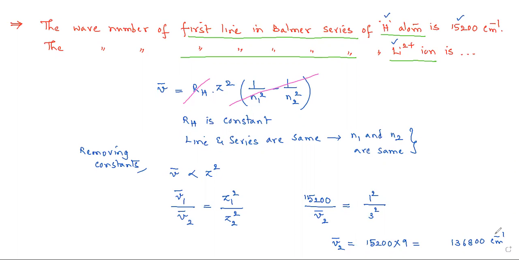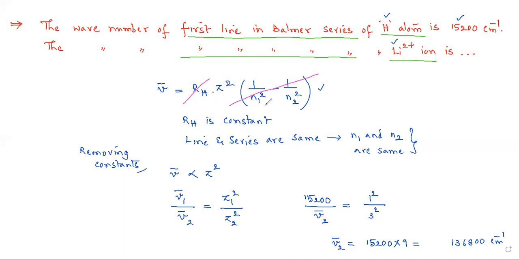So this is how you have to actually solve this, applying the logic. Because every time you cannot substitute all the values. Even without writing the RH, N1 and N2, you can solve the problem this way. Remove the common things in both the cases. You got two cases, but in both the cases, it is the first line in Balmer series.